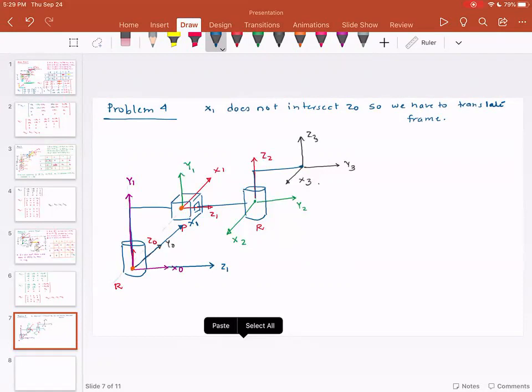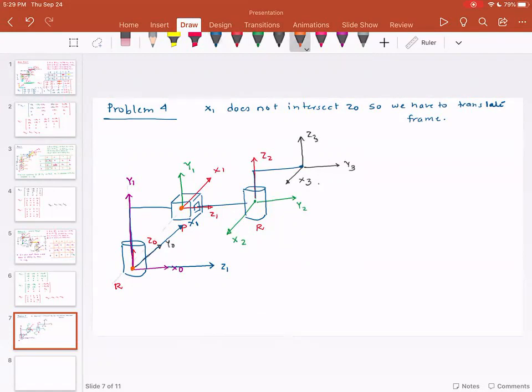The way I have drawn this, X1 is perpendicular to Z0, but X1 is not intersecting with Z0. So Alejandro, to answer your question, if we were to do X1 along a vertical line or going up, then it will violate two conditions. Here we are just violating one condition. So this configuration is better.